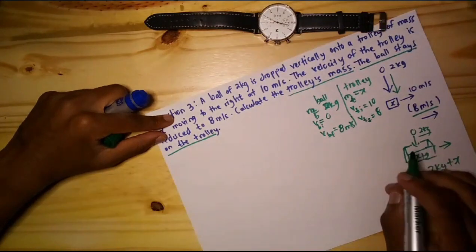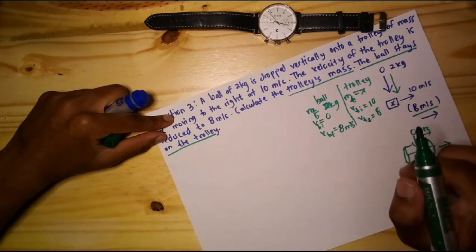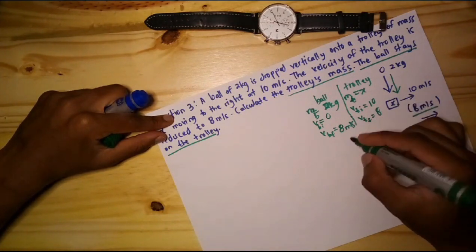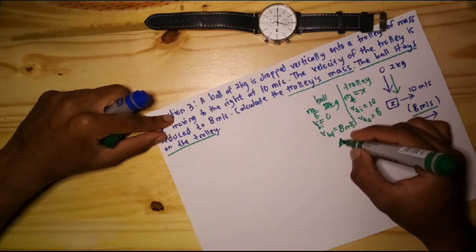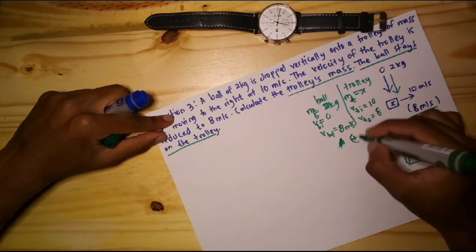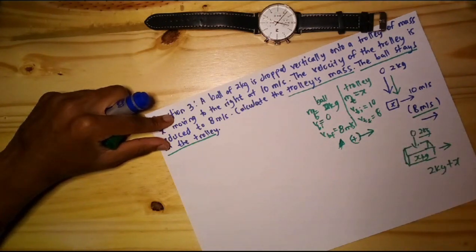One of the things I need to mention, and I should be getting a smacking for not doing so, is that I always emphasize that before you do any other thing, please choose your own direction. Here we're choosing horizontal to the right as positive.